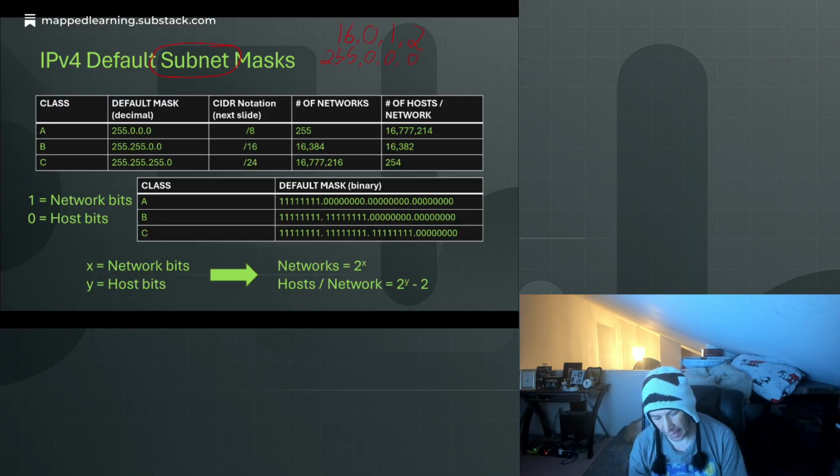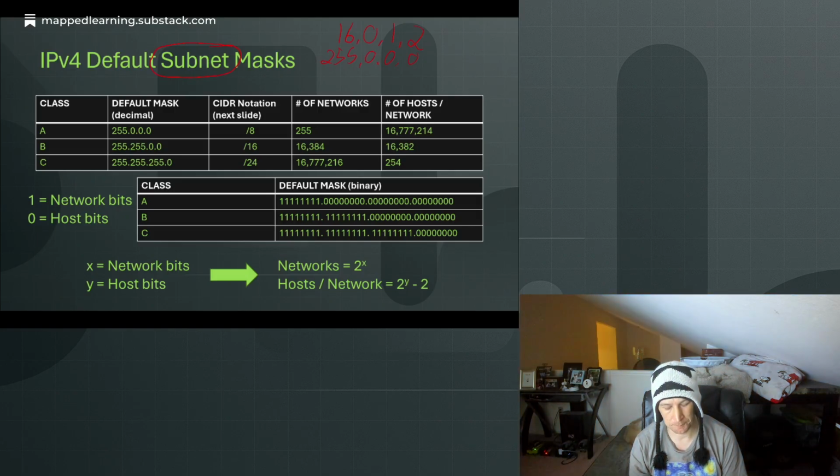So when we look at this 16 dot whatever whatever, wherever the bits are turned on, that means that all the bits for that address are dedicated to the network. So we're saying every bit in this 16 address is important, so they need to be locked in place.